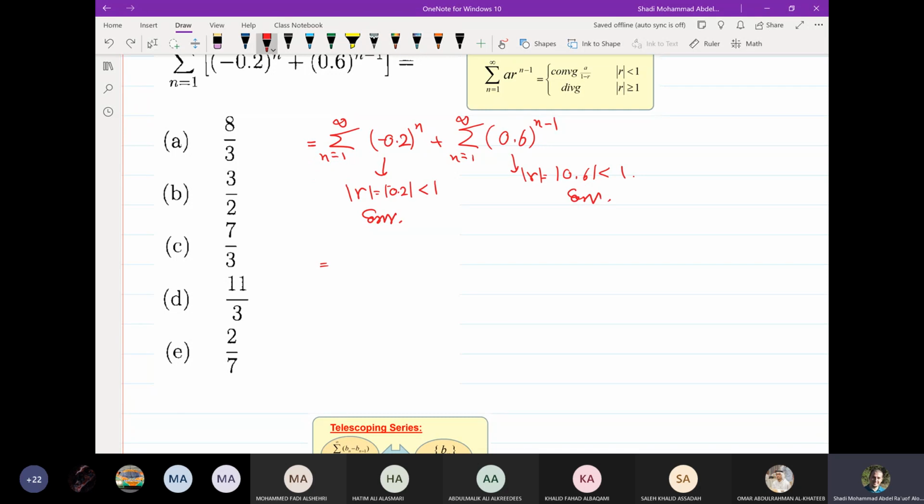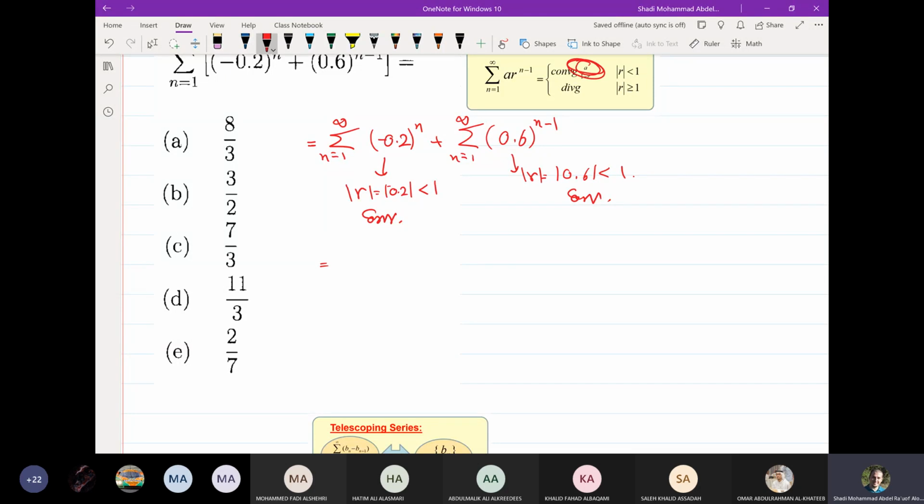The first term will not affect it, but if you want, you can split the first term to make it n minus 1. But if I deal with it as it is, what will happen? The sum will be a, the first term. If you change it, the first term will change. At the end, you will get the same rule. Don't worry.